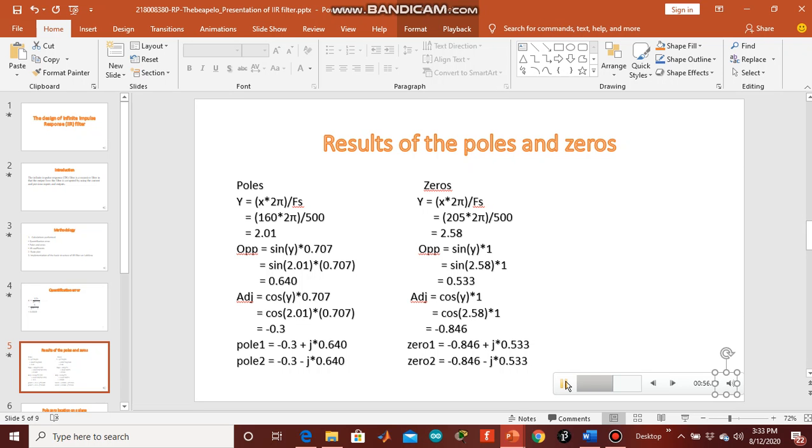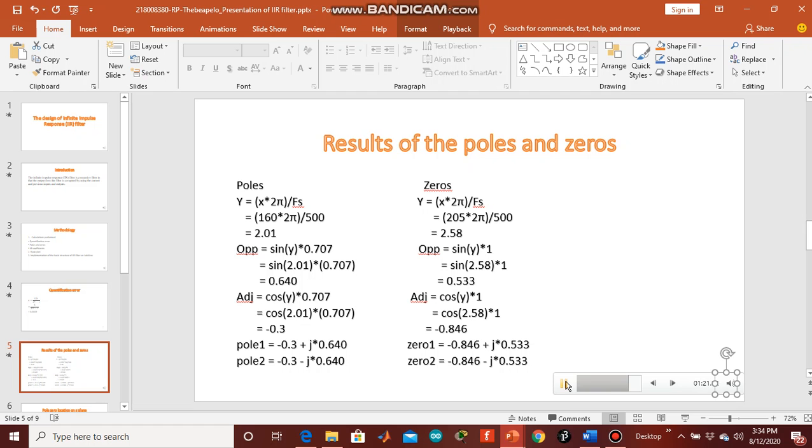For zeros, we have used 205 Hz, which was the noise frequency, multiplied by 2 pi divided by 500, which is the sample frequency. The sample frequency of poles and zeros is the same. Using that 2.58 angle, we've calculated the opposite and adjacent side.